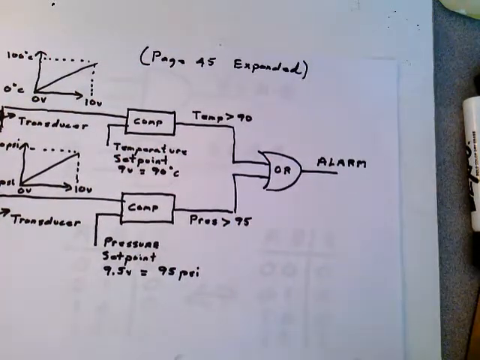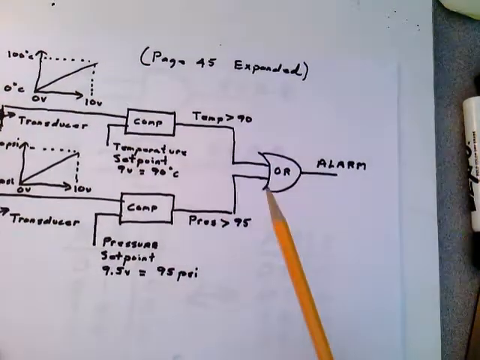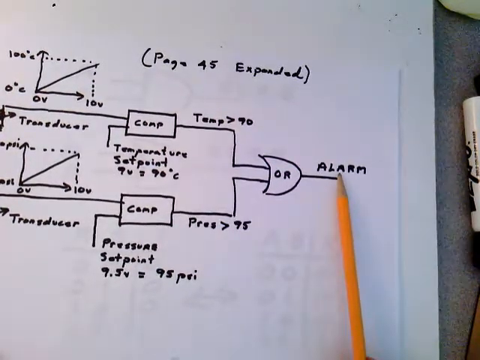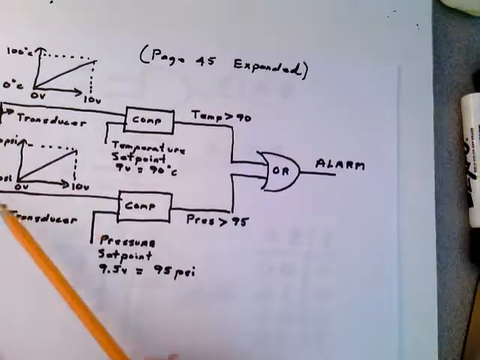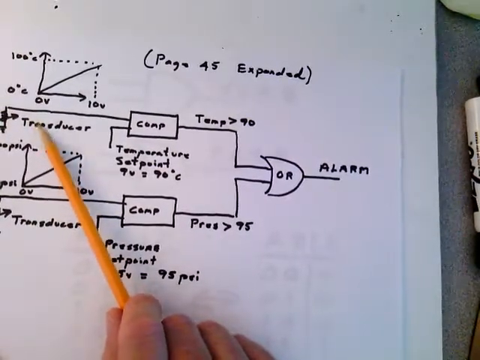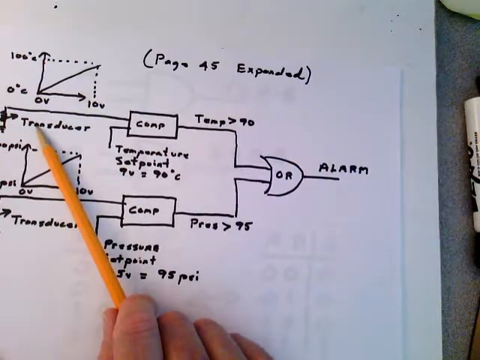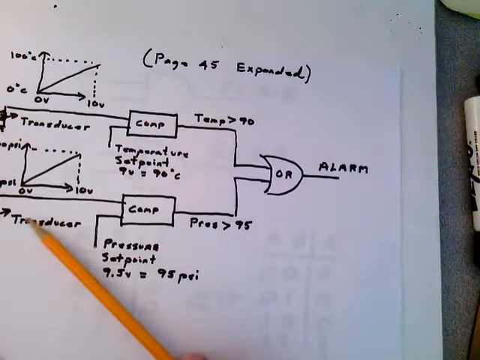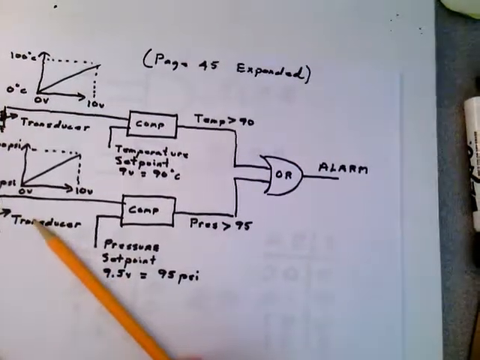But let's say that the engineer was designing the circuit and it's a fire alarm. This is a fire alarm here. And we're going to use two different types of transducers. We're going to have a smoke transducer up here to sense smoke levels, and this is going to sense temperature down here, or heat.